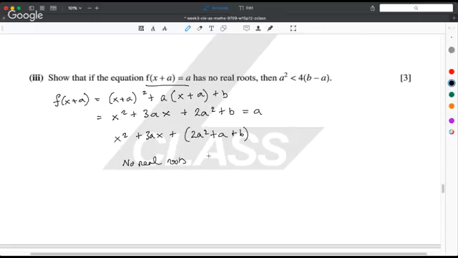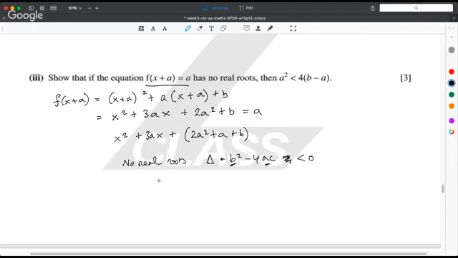So that means that the discriminant, delta, which is b squared minus 4ac, not the same b and a that are here, but the coefficients in the equation, is therefore less than 0. If it's less than 0, it means your roots are going to be complex, going to have imaginary parts, because you're going to be taking the square root of a negative number. So we know that if there are no real roots, then this thing is true.